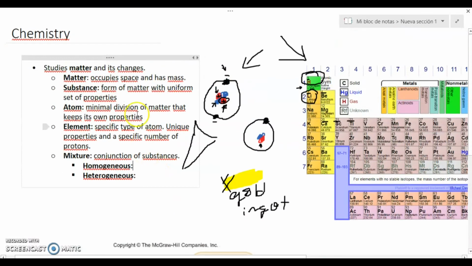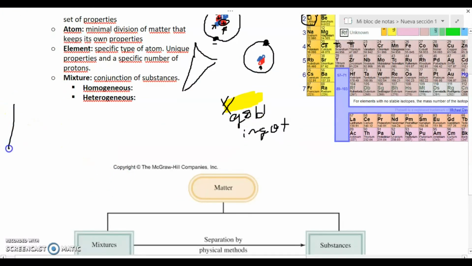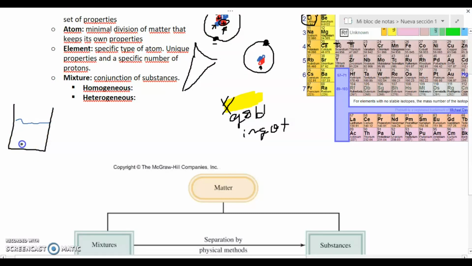A mixture, for example, could be homogeneous in the case when we have water and we decide to put some salt in it. That's salt.